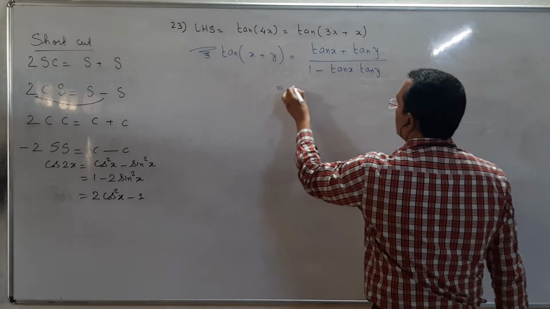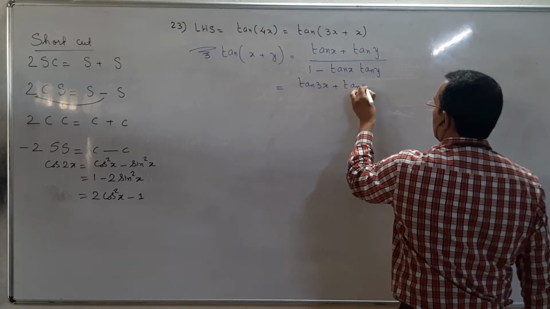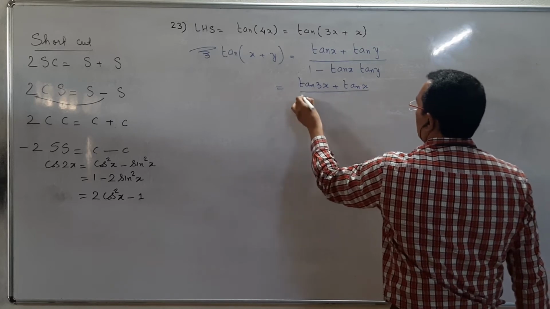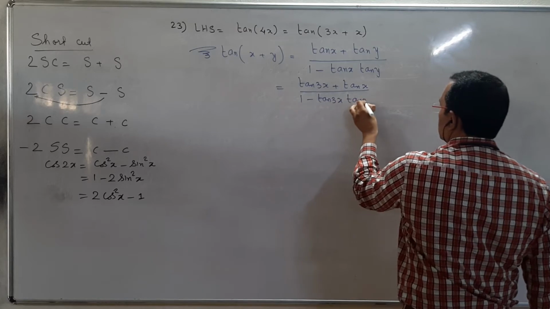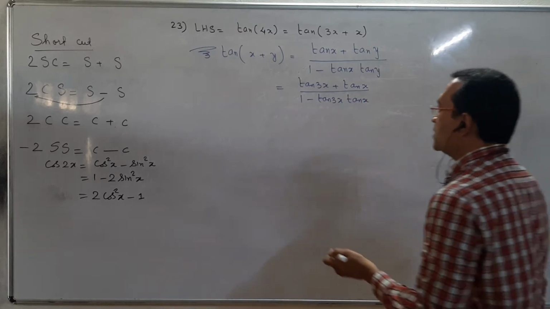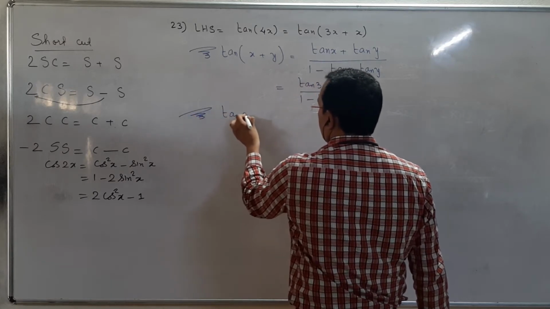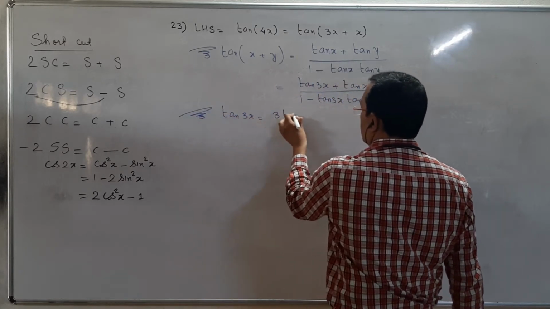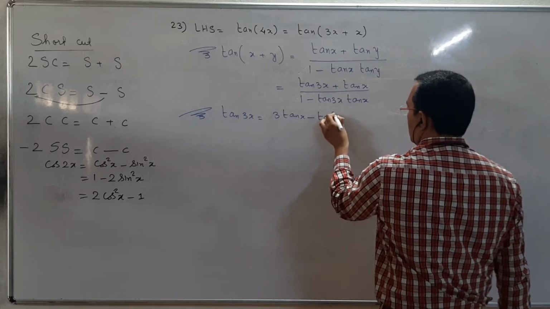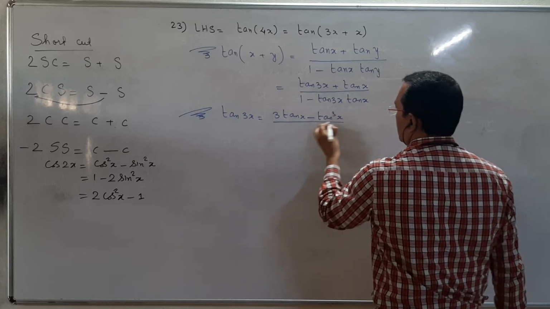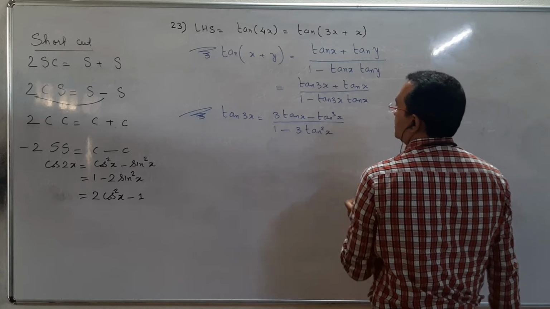Applying this formula, we get tan of 3x plus tan of x upon 1 minus tan of 3x into tan x. Again, we have written the formula of tan 3x, which is 3 tan x minus tan cube x upon 1 minus 3 tan square x.